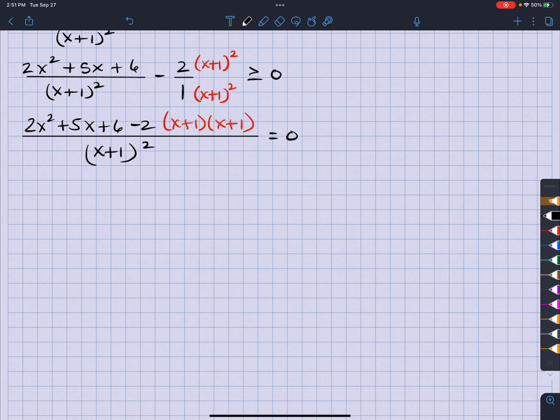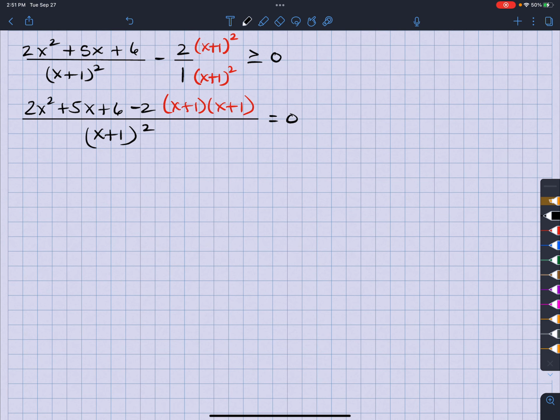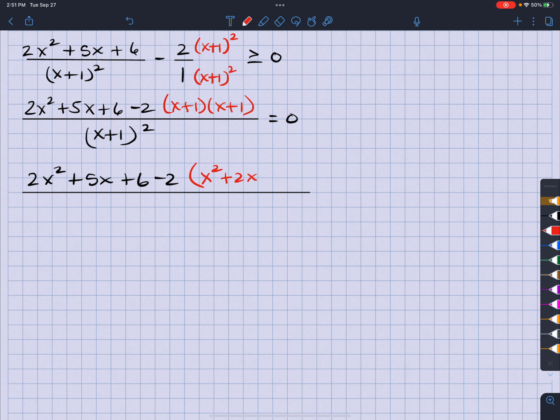So let's keep on going here. And I got, oh boy, this sounds like a long, long road. 2x squared plus 5x plus 6. Oh, you know what? I'm not ready for that yet. Negative 2 times. Let me follow that out. That's going to be x squared plus 2x plus 1 over the x plus 1 squared.